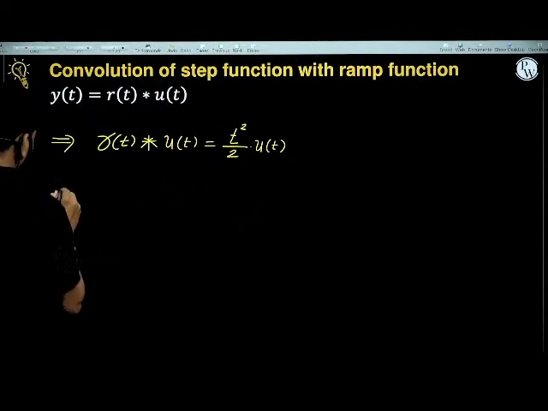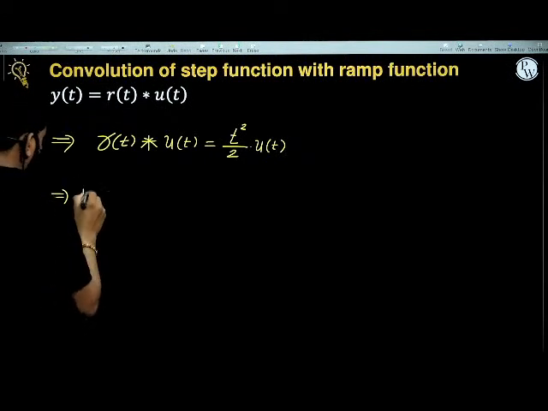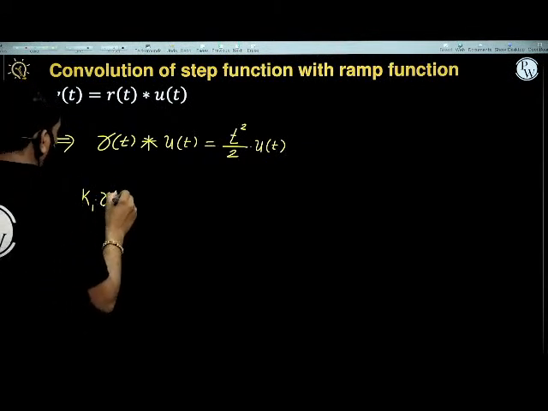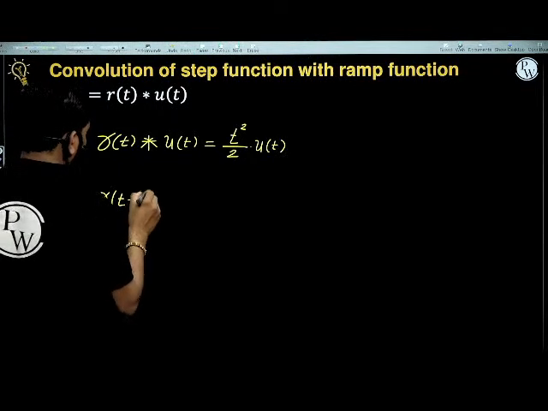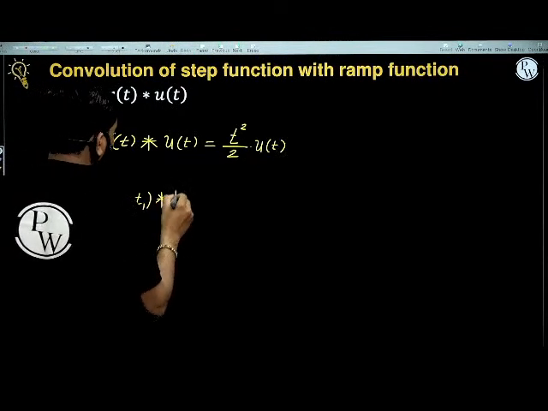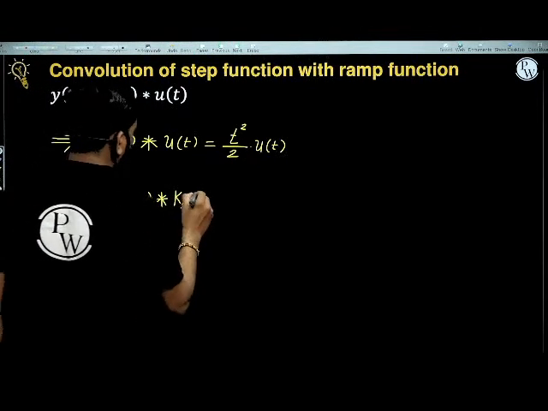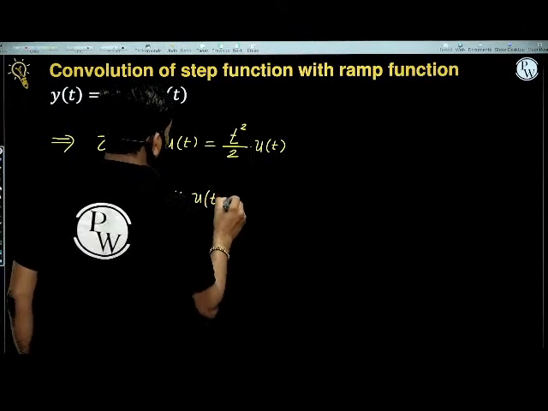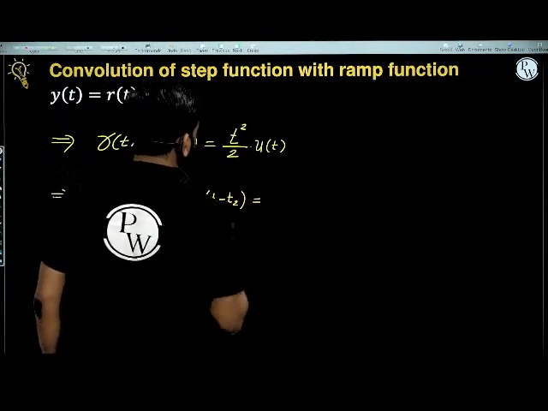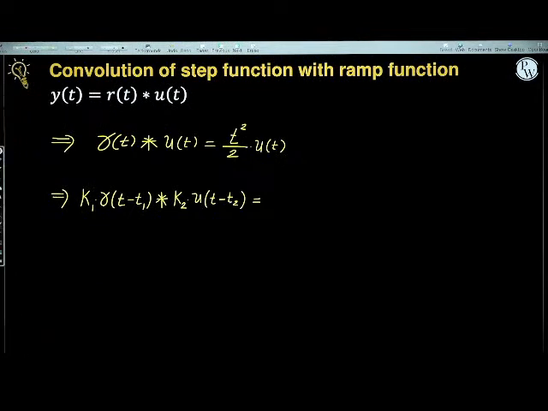So here, k1 into r of t minus t1 convolution with k2 into u of t minus t2, correct?